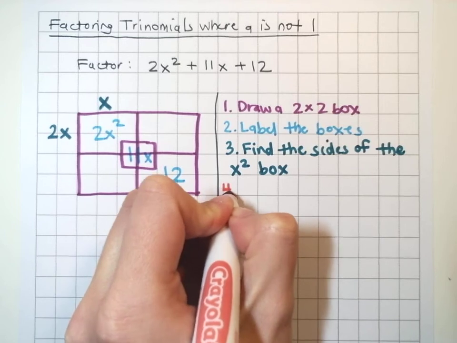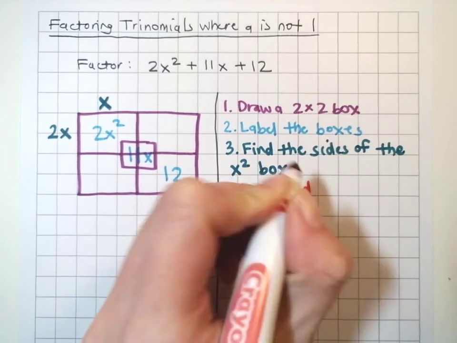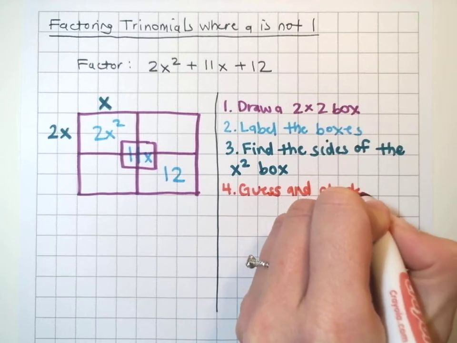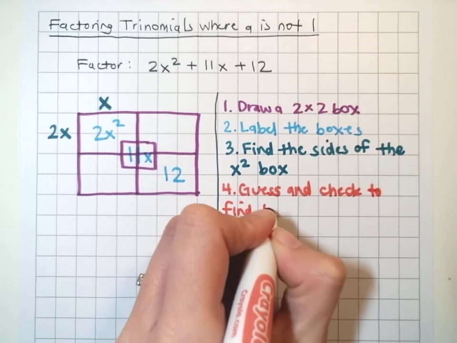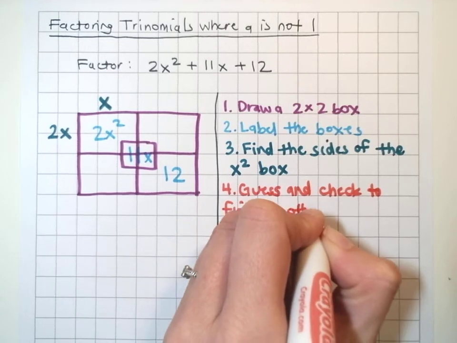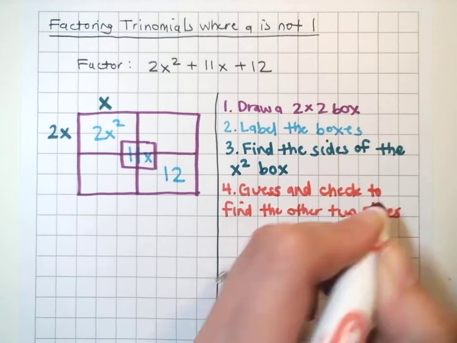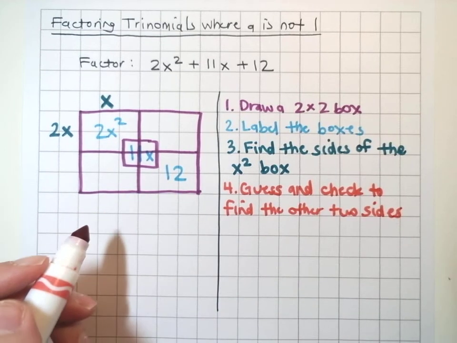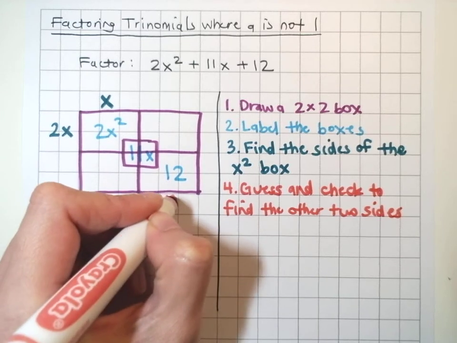So for step 4, we're going to guess and check to find the other two sides. So what multiplies to 12? Could be 12 and 1.